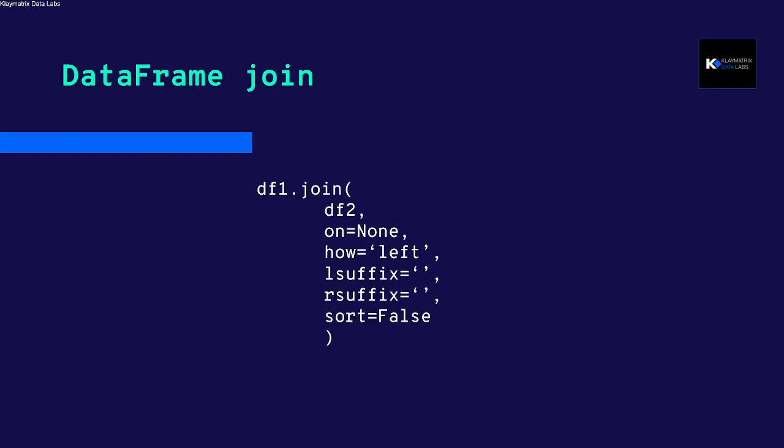L suffix and R suffix are basically to tell Python that if there are common columns, let's say there's a B column in data frame 1 and B column in data frame 2 also, then if you are joining these two data frames together, Python would not know which B is coming from where, and it will throw an error. Then you need the left suffix and right suffix to differentiate between the same column name coming from two different data frames, and then sort.